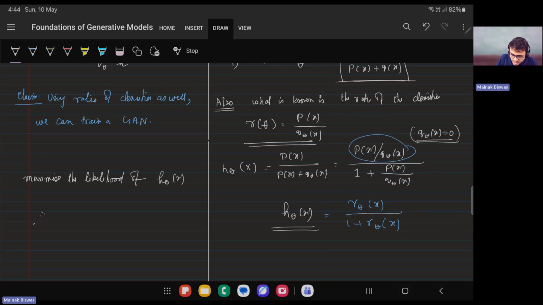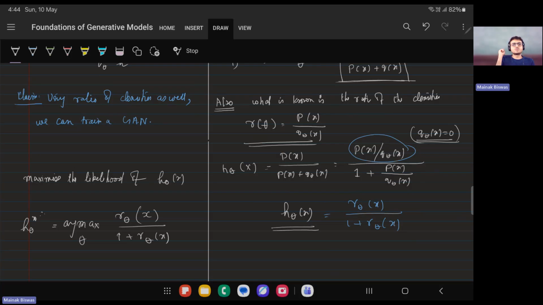Therefore h theta star is the arg max over theta of r theta of x by 1 plus r theta of x.